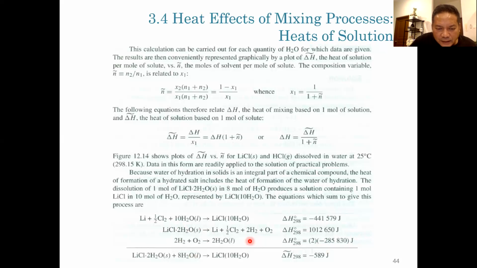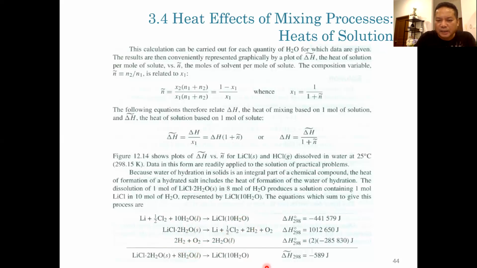This 2 cancels that, becomes 8, and these cancel, so what we are left with is this minus this, becomes 8, and it's all cancelled already, so it becomes 10.